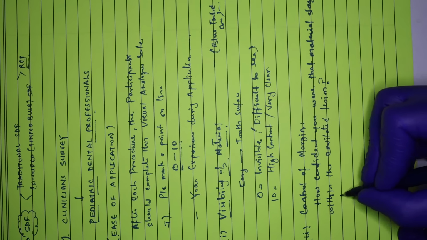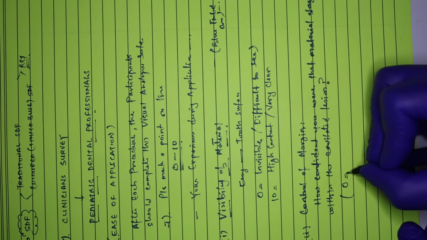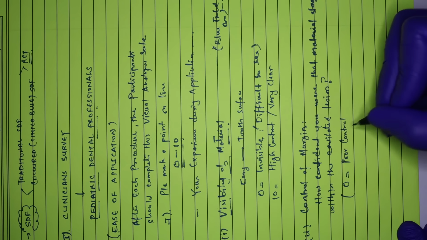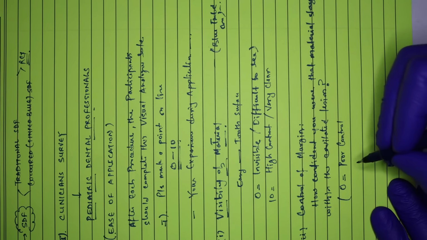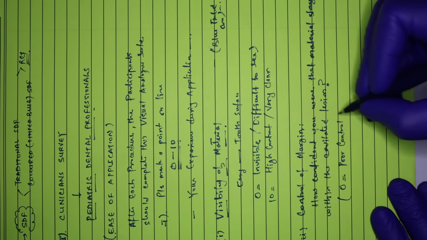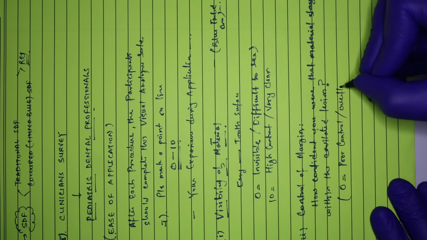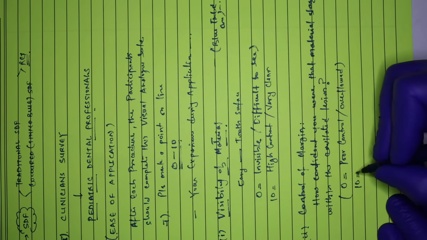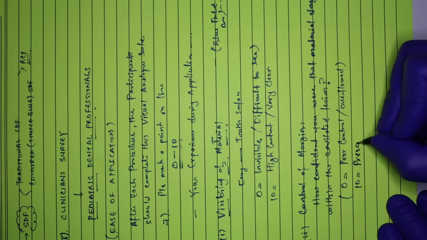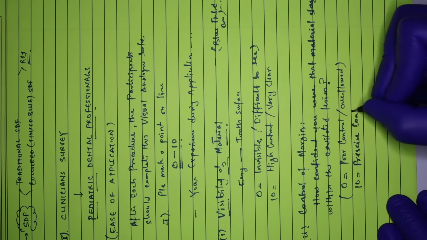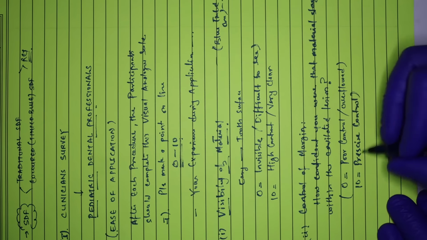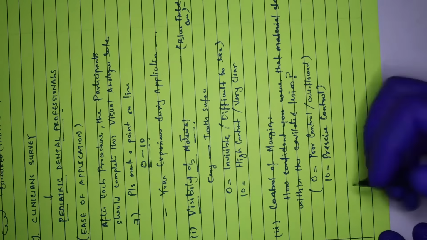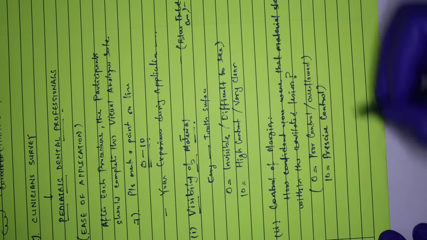So if the score is 0, that means it was poor control, that is the dentist was not able to see whether the material was within the margins or whether it overflowed. And over here the 10 score would indicate there was precise control, that is the pediatric dentist was able to see the margins were well defined within the cavity.